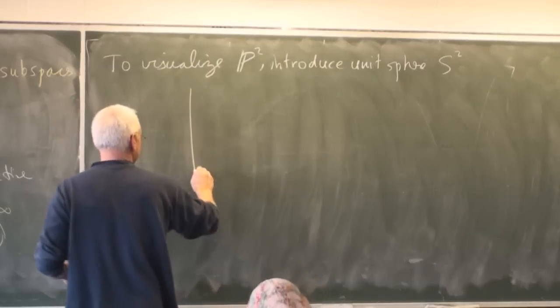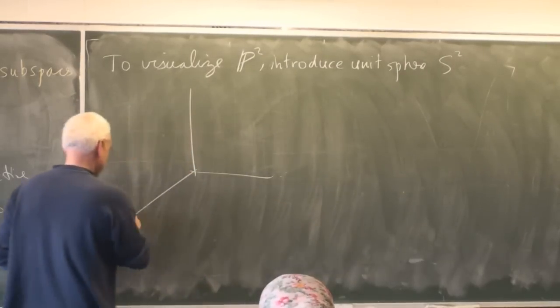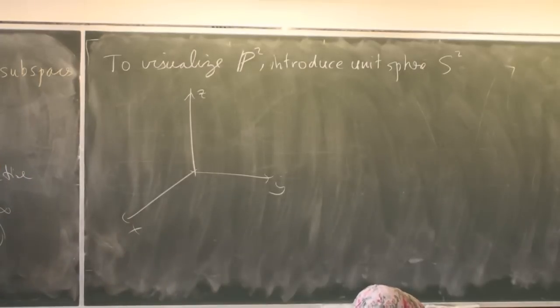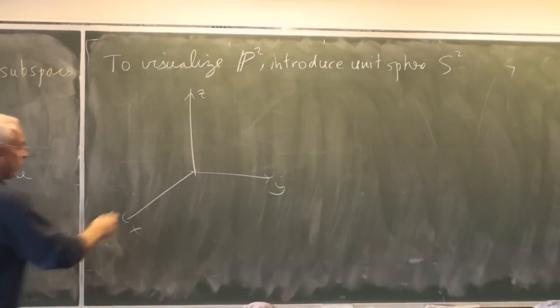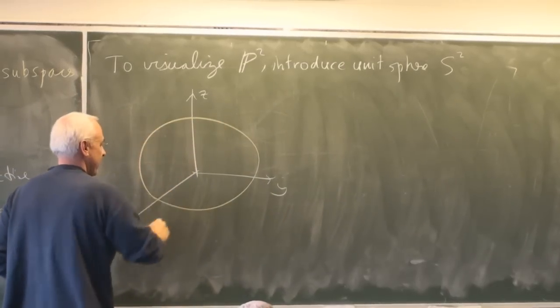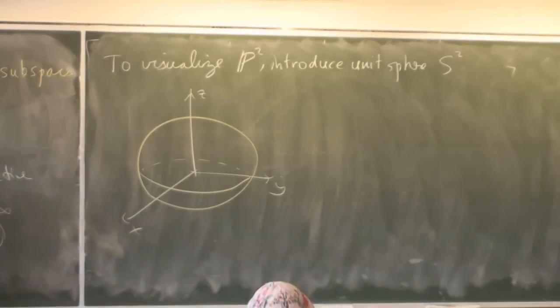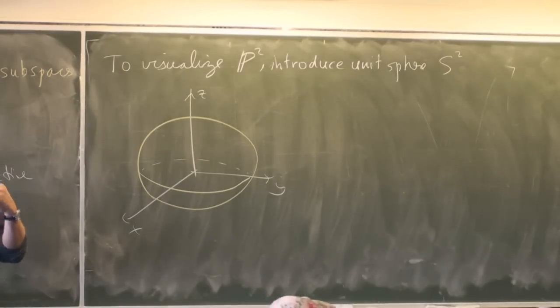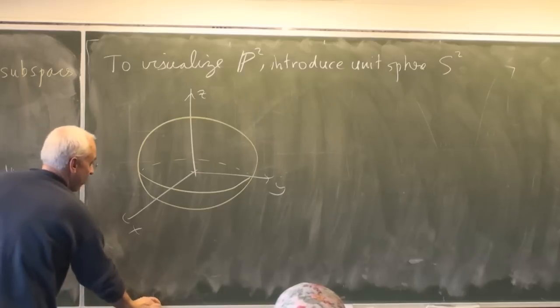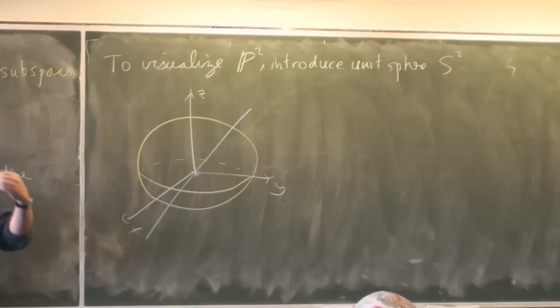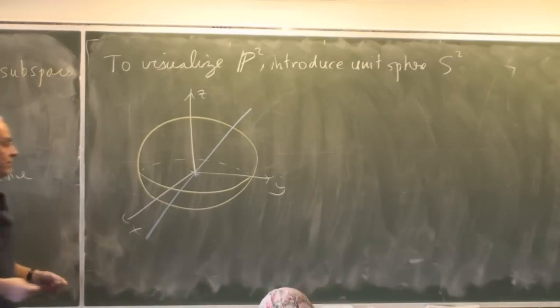So let's do that over here. There's X, Y, and Z. There's our unit sphere. There's the equator, which is horizontal. This gives us another way of thinking about lines through the origin, because every line through the origin will meet this sphere in 2 points.